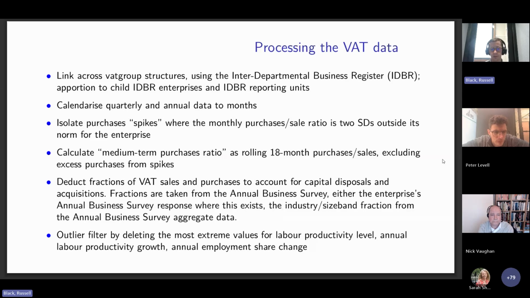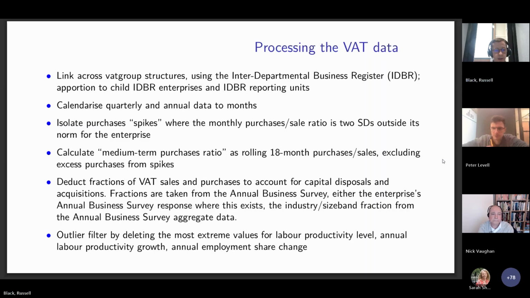Quarterly data is apportioned to months just by dividing by 3. There are more sophisticated things you could do there that have been tried. The next 2 bullet points are the key steps for the most basic way of attempting to estimate intermediate consumption from the total VAT purchases, which is firstly that spikes will be eliminated.